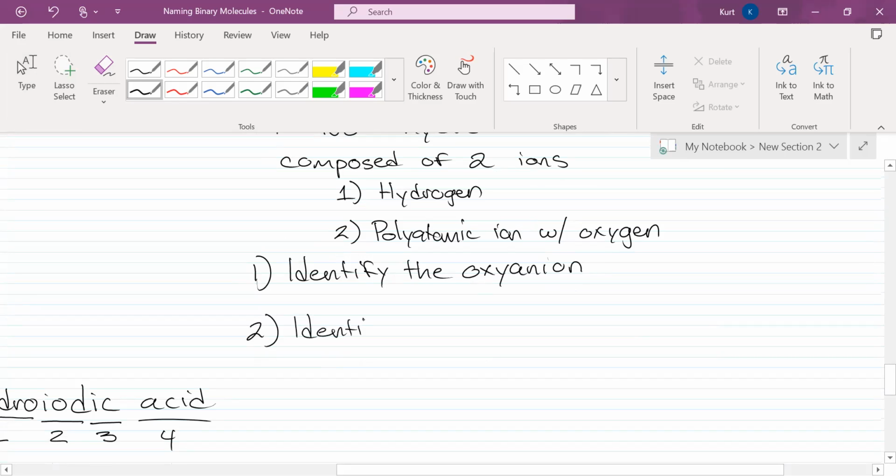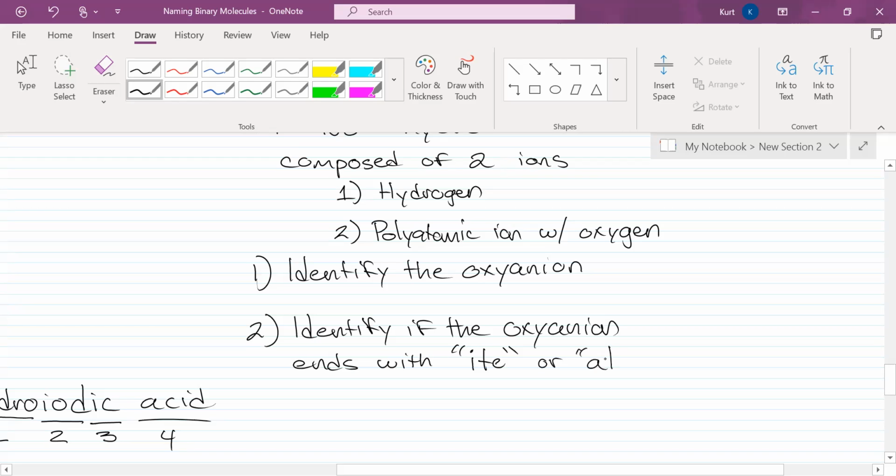Identify if the oxyanion ends with ITE or ATE. Ite or ate.